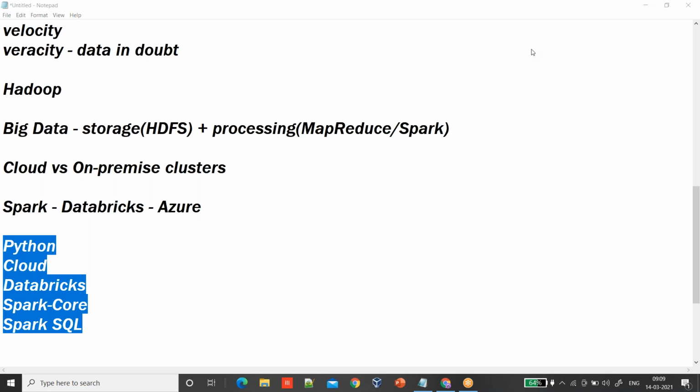I'll give you a simple example to understand this storage and compute thing. Let's say you want to store 1 petabyte of data. When you want to buy a laptop having a petabyte of data, you would also get the matching configuration to process a petabyte of data.